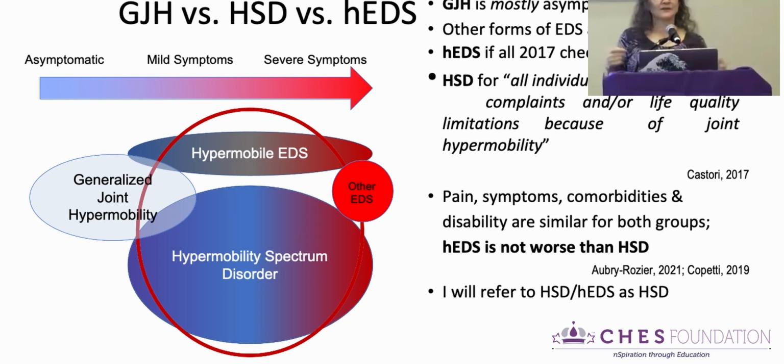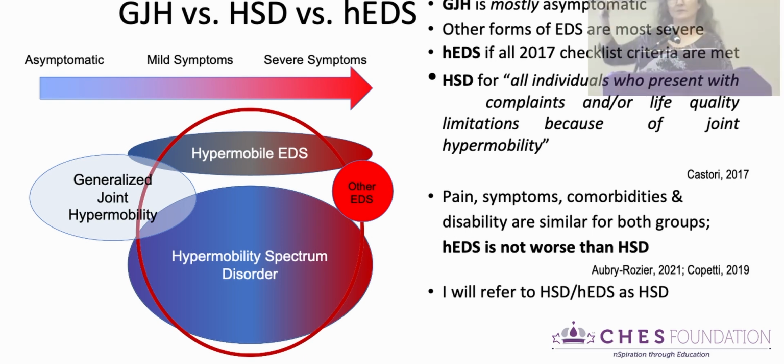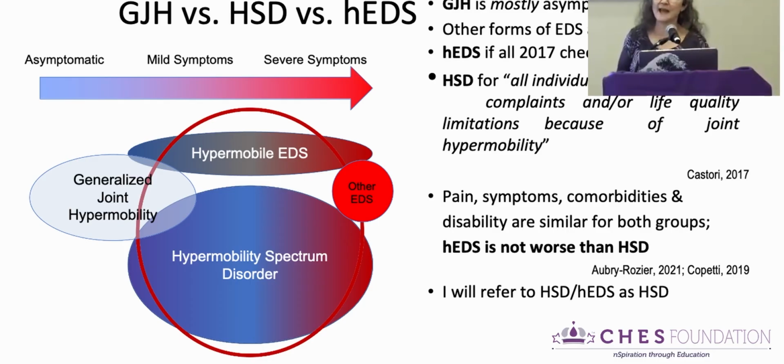So hypermobility exists on a spectrum. On the low end of the spectrum, you have people who have what we call generalized joint hypermobility. They're flexible, they're double jointed, but they don't have any more symptoms than the average person, right? They might sprain an ankle every now and then, or get whiplash if they're in a car accident, but otherwise they're fairly normal.